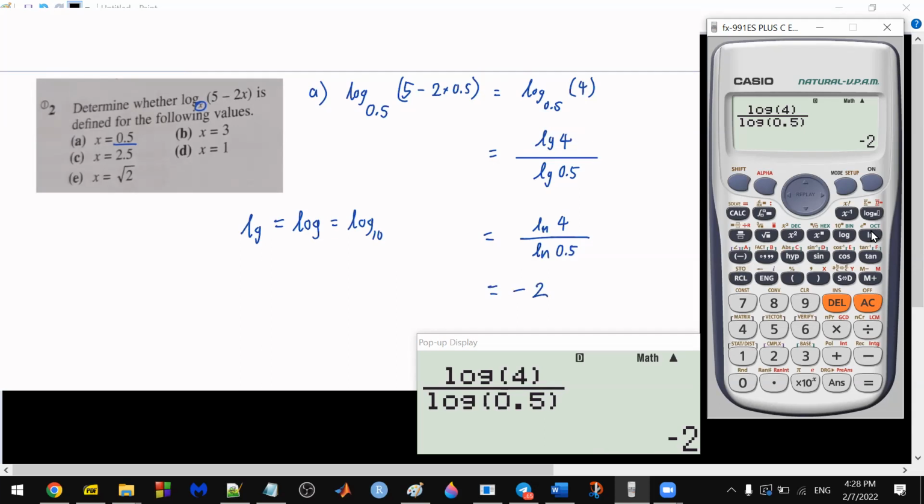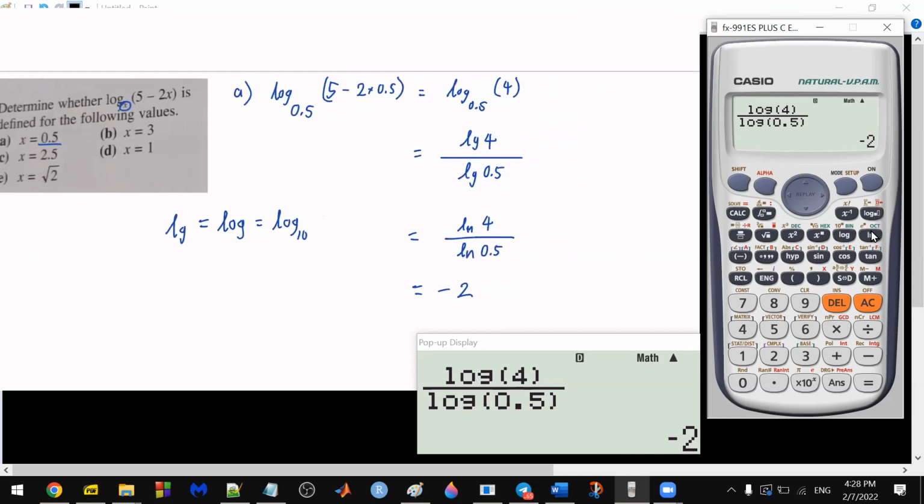So what does it mean if we want to calculate this manually? Since we got a whole number, it means we can actually calculate it manually. What is log of 4 base 0.5? Well, we can let this be equal to y. So what we have will be log of 4 base 0.5 equals y.